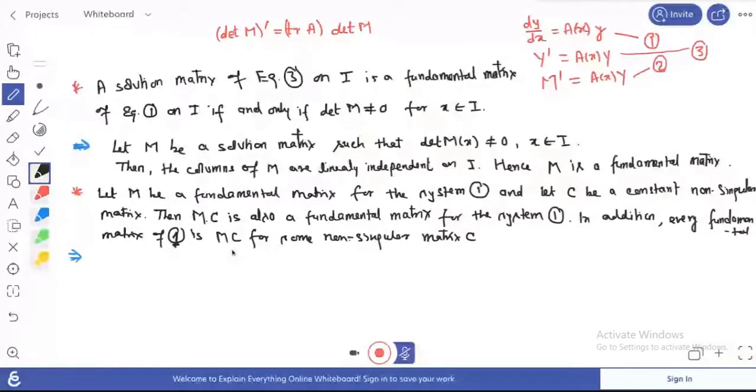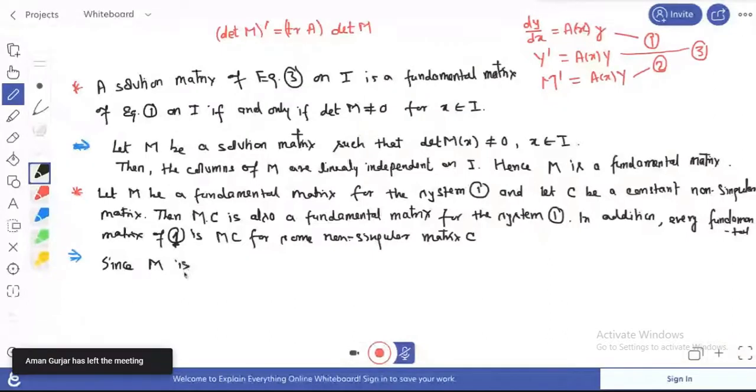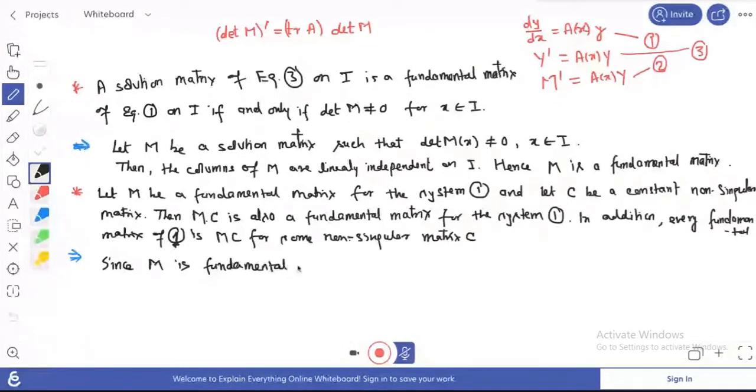Okay. So since M is basically given, let us take it that M is a fundamental matrix. And if M is the fundamental matrix, the determinant of M is not equal to 0. This means this fundamental matrix is always non-singular.